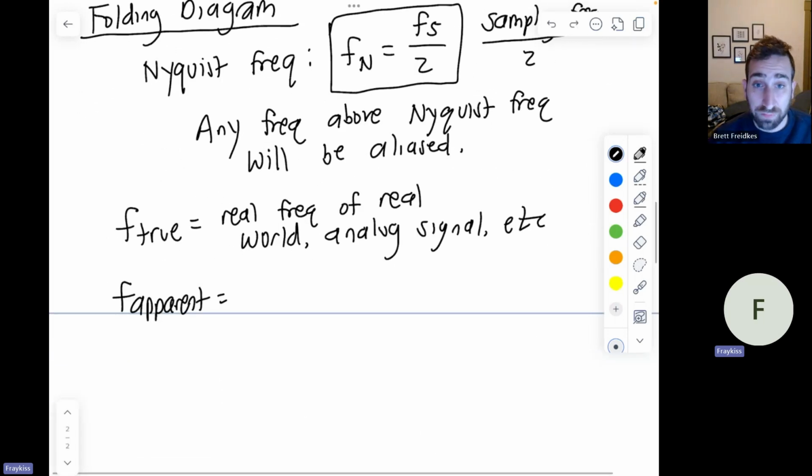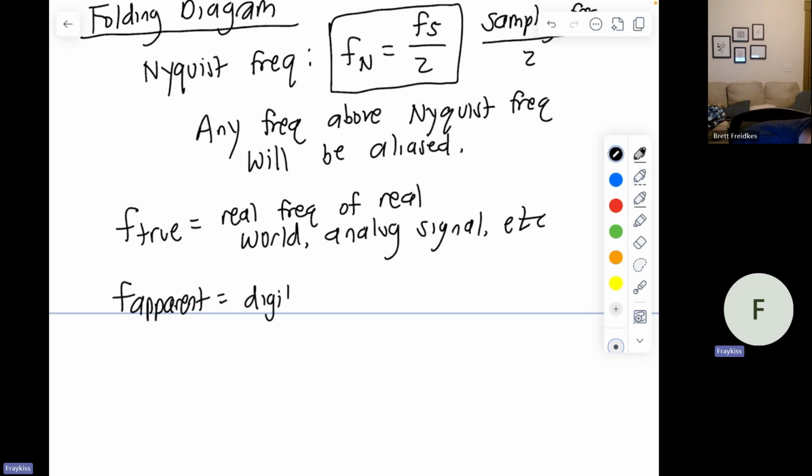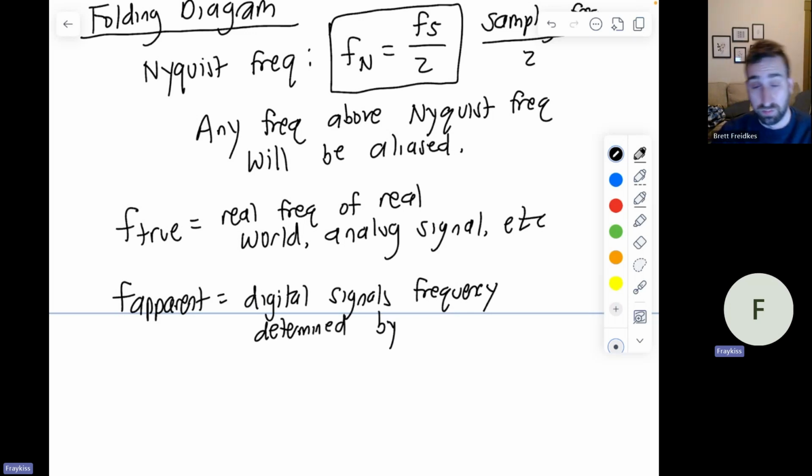Basically, how that frequency presents itself to us on the computer or from our perspective. So this is essentially the digital signal's frequency determined by, first off, what the true frequency is and also how fast we're sampling, by F true and Fs.